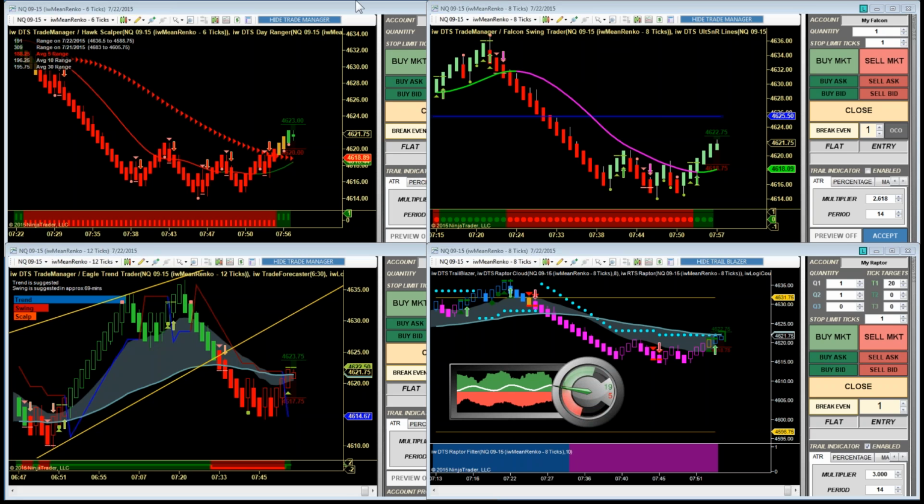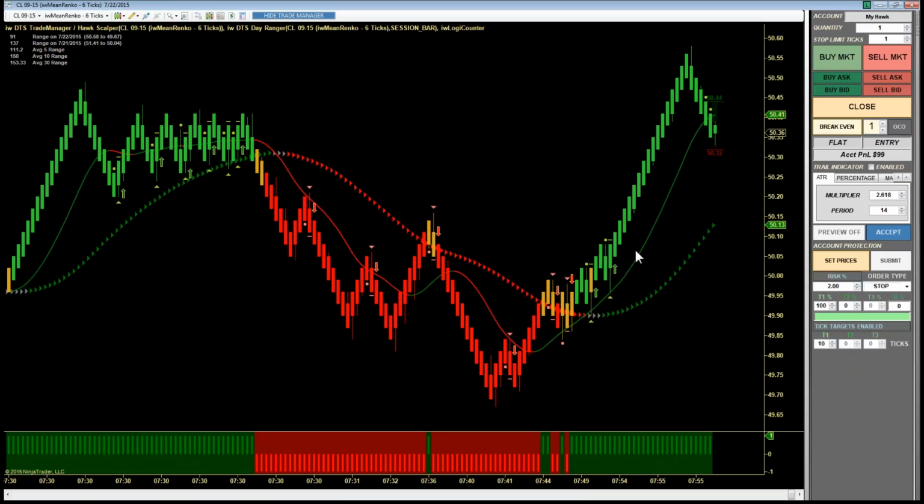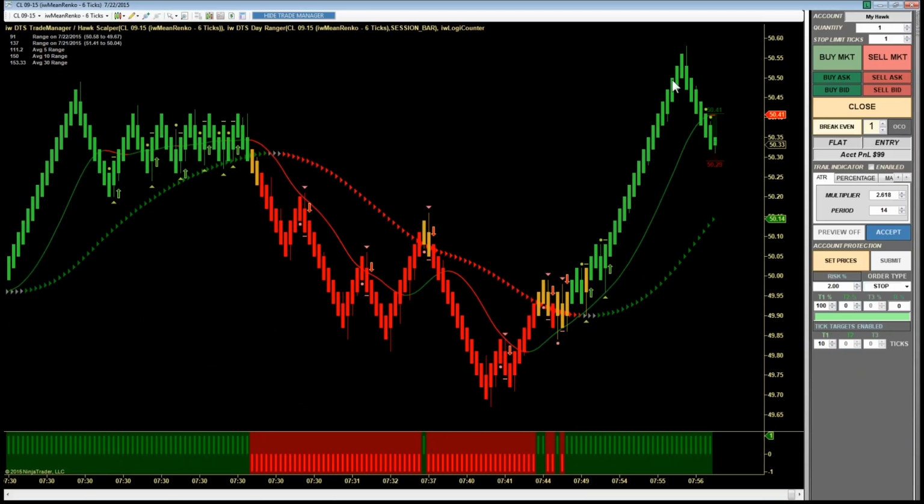Okay, so here's crude oil on the Hawk. Again, there's that first micro-macro cross signal. And very good follow through on that. So it looks like the initial breakout on that crude oil trade.